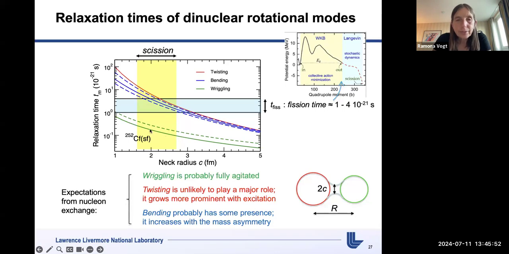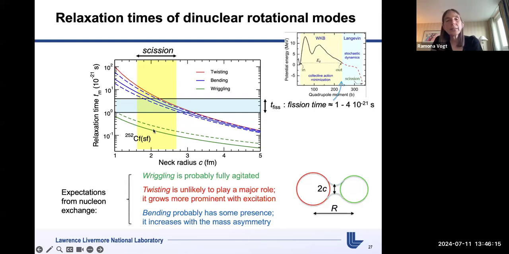This blue band here is the fission time. It's between 1 to 4 times 10 to the minus 21 seconds. And the neck radius is between a little more than 1.5 to nearly 3 Fermis. So somewhere here is where scission occurs.